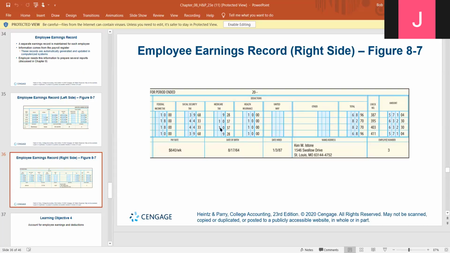He lives in St. Louis, Missouri. And here is his activity for the entire year, even showing you the check number they paid him. Okay. So the payroll register gives you a week by week listing of each employee individually. The employee earnings record gives the employee and that one employee only, his own register.